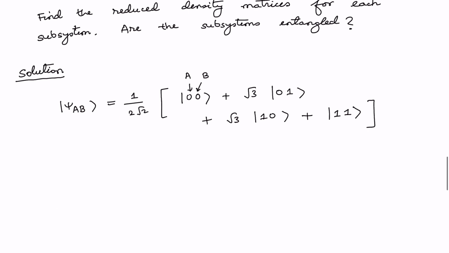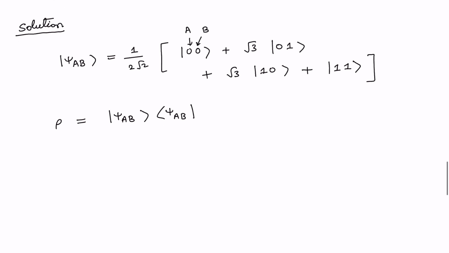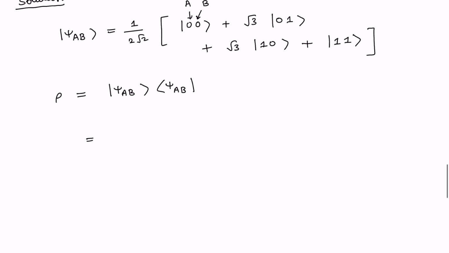Now the corresponding density operator would be |psi_AB><psi_AB|. So if I open it up, let me write down all the terms. You can do it, it's simple. You will get 1/8, and you will get |00><00|. You have to do it carefully.